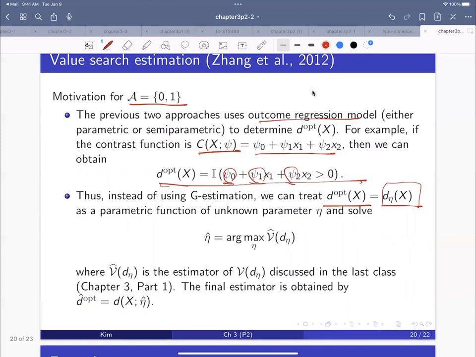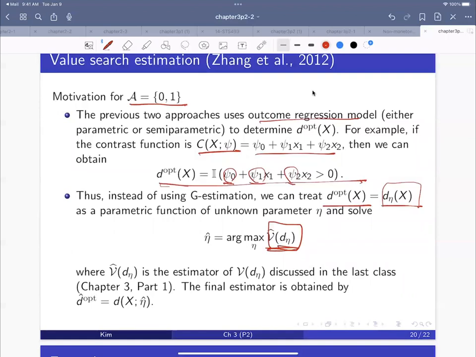In that case, we can use the estimate of the value function, and find the optimizer. Because by definition, the optimal decision is the one that maximizes the value function, right? So this is the estimated value.